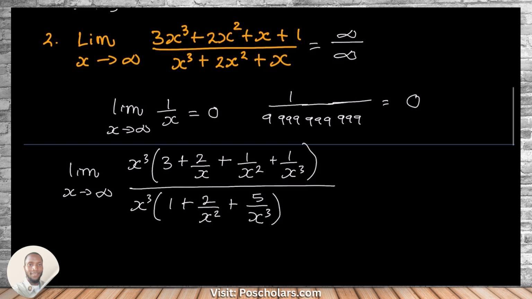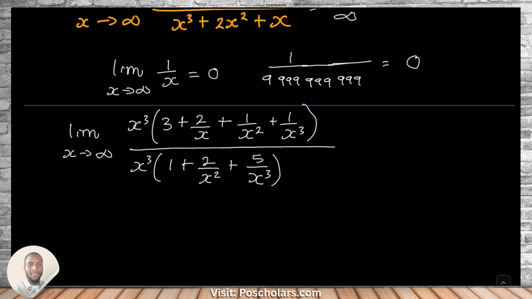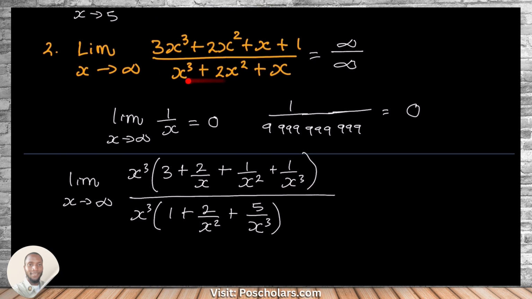Similarly, when you use this term to expand these other terms, you have x raised to power 3 plus 2x squared plus x. So we didn't break any principle, right? We only simplified this.